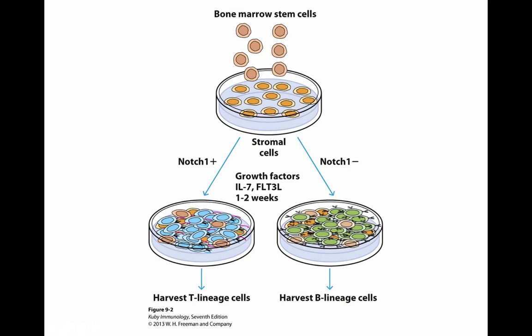Notch positive exposure will cause them to become T cells. If they're exposed to Notch negative stromal cells, then they'll become B cell lineages. And that can vary depending on the signal and types of interleukins that are there, but this is a basic way that they determined how that works.